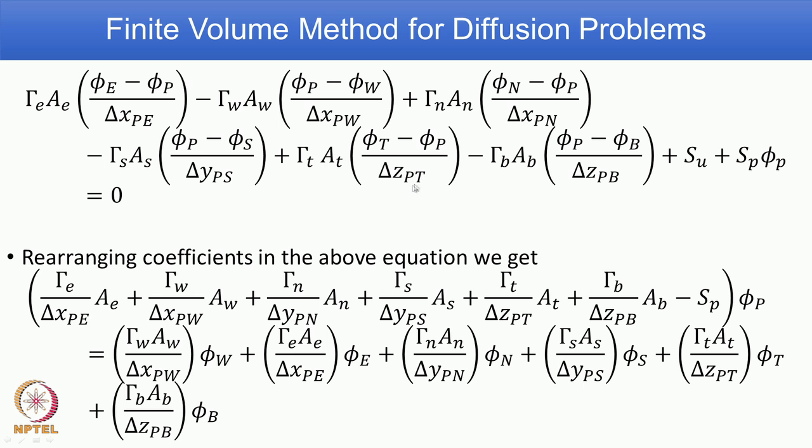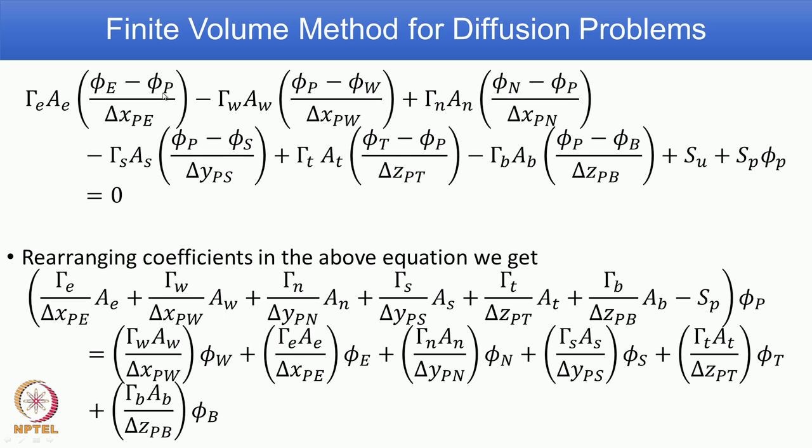So, you observe here two new terms, one corresponds to top, another one corresponds to bottom, and we observe here the derivative (phi_T minus phi_P) by delta z_PT, the distance between nodes P and T, and this will give ∂phi/∂z. Similarly, for bottom, and the source term is there.